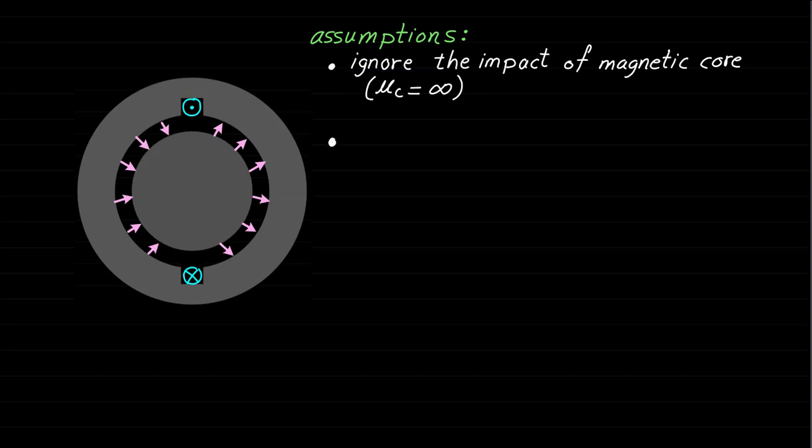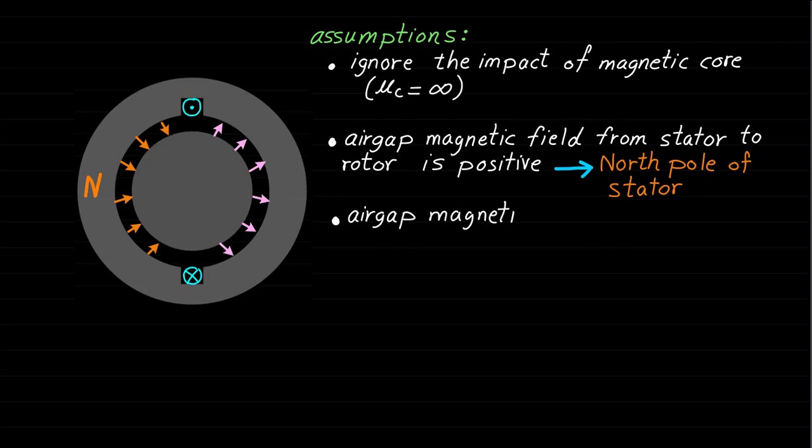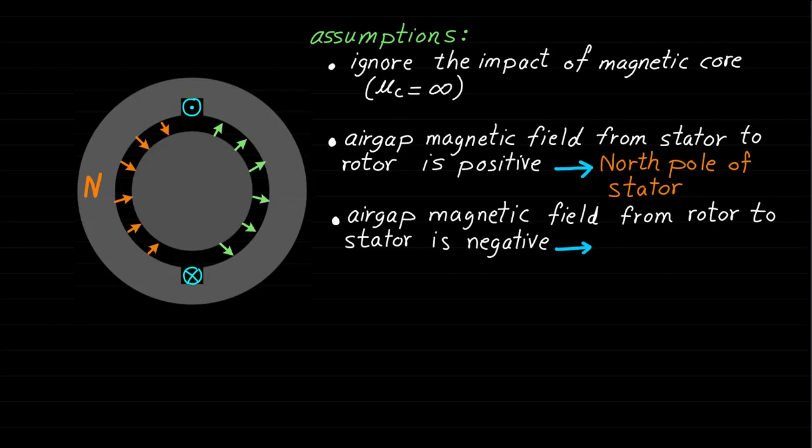Now let's assume that the air gap magnetic field from the stator to the rotor is positive and represents the north pole of the stator. Also, let's assume that the air gap magnetic field from the rotor to the stator is negative and represents the south pole of the stator.